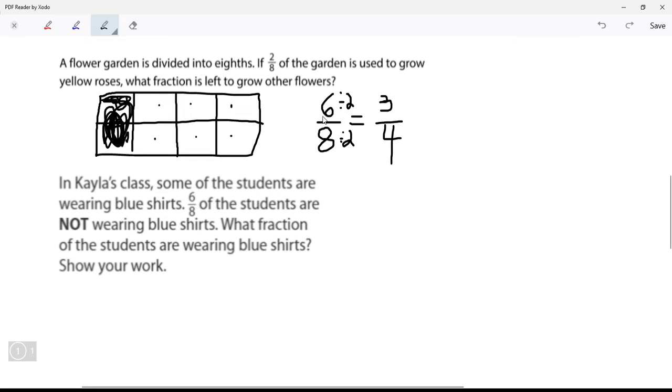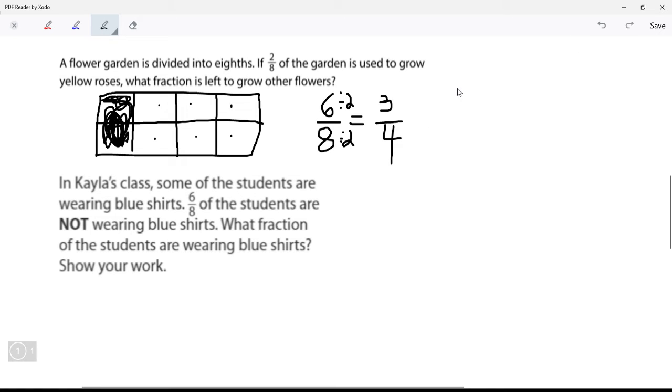If the numerator and denominator have a common factor, then you need to divide by that common factor to get the simplified version. And the reason this is important is because on a multiple choice test, your 6/8 is not going to be an answer choice. It will be 3/4 that will be the answer choice.